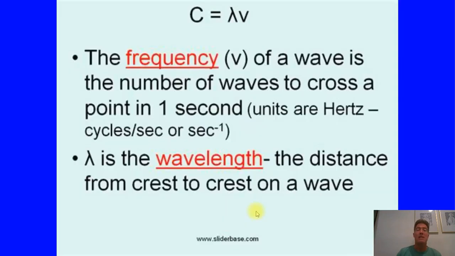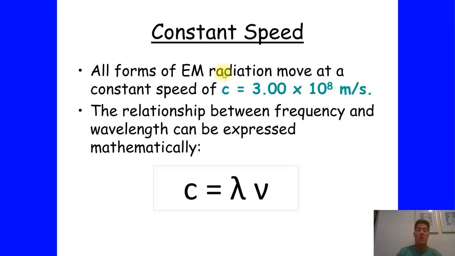Well, but since the speed of any wave in a vacuum is the speed of light, we can just say that the speed of light, c, is equal to lambda, the wavelength, times the frequency. We keep track of frequency in per second. We keep track of wavelength in meters. And so we get this formula: the speed of light is equal to lambda times nu.